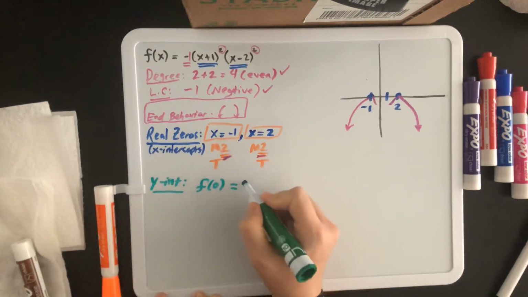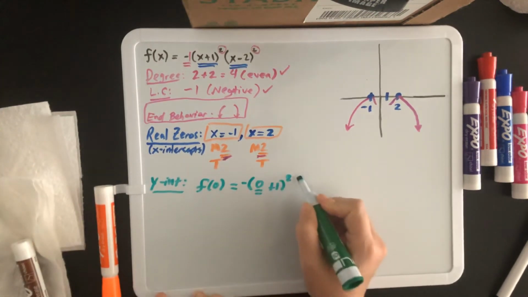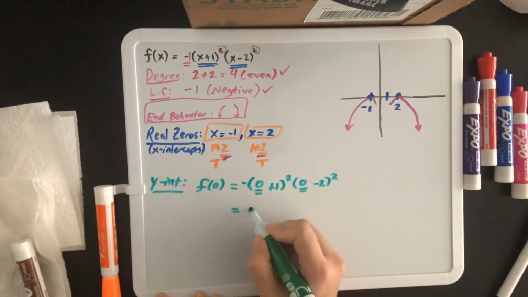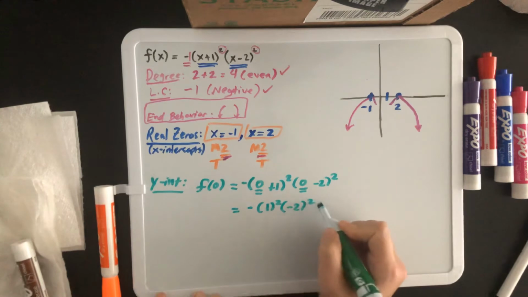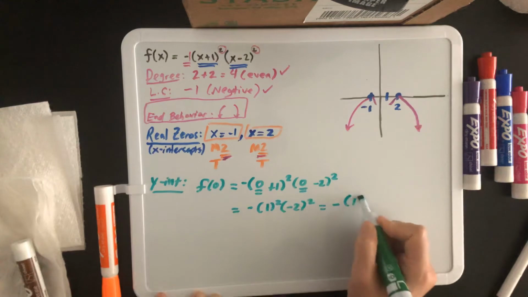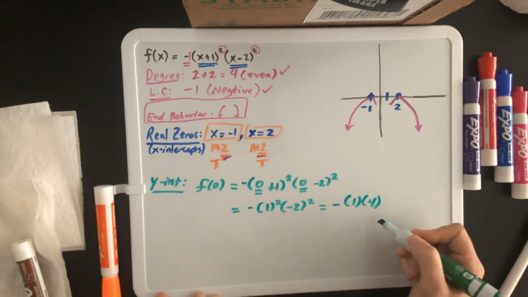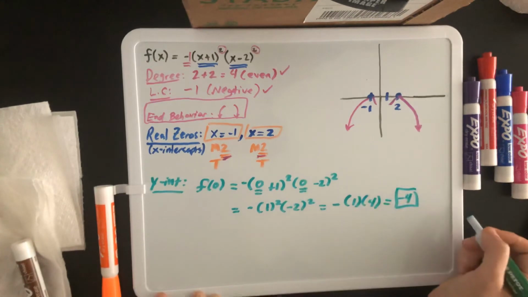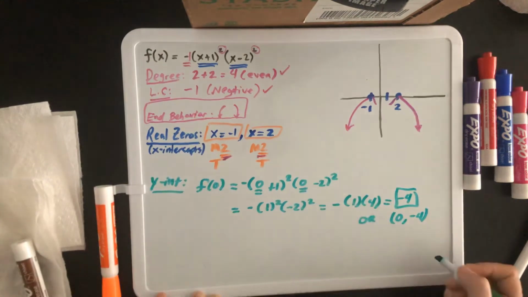That would mean negative (0 plus 1) squared times (0 minus 2) squared, which ends up here as negative (1) squared times (-2) squared. So in reality, I have a negative, use your PEMDAS: 1 squared is 1, -2 times -2 is 4 positive. So we should be getting that our y-intercept is negative what number? -4, that's right. So that's my only y-intercept. You could write that as the point when x is 0, y is -4. Same thing, right? That's the y-intercept there.